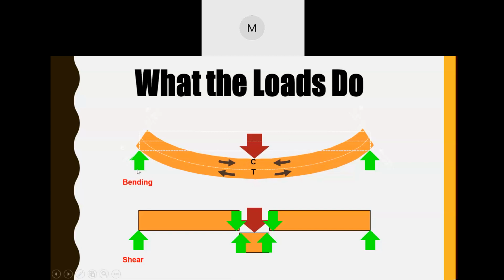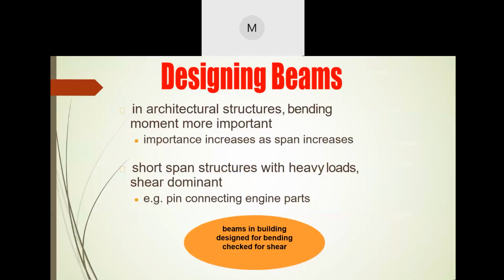This is a simple example you can think of. If you take a stick of wood and place a load in the middle of it, it will bend like this, right? That is what the load does actually. Then for shearing, what happens? If forces are applied from both sides, you can see this diagram, then the beam will tear off, like you tear a piece of paper. So it will tear off, and this is called shear.